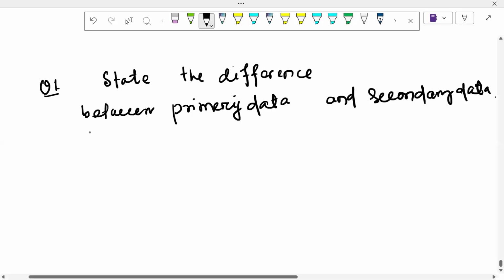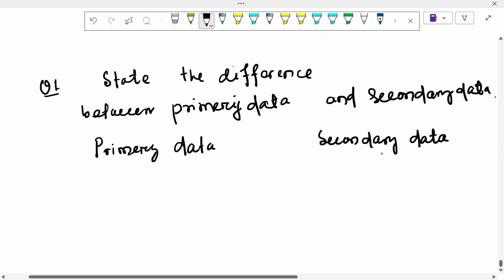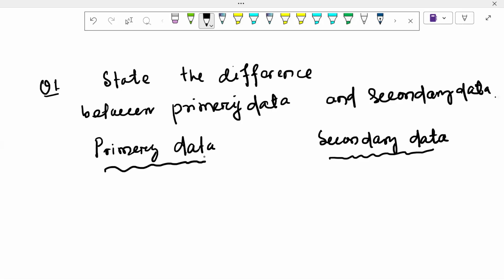So first of all, we write down primary data in one column, and the second one is secondary data. Primary data means data collected first hand by the researcher.